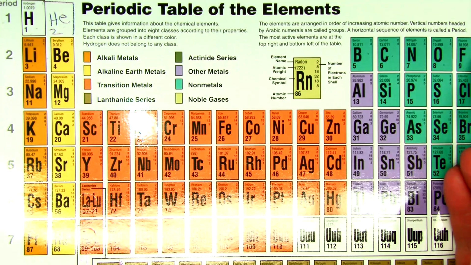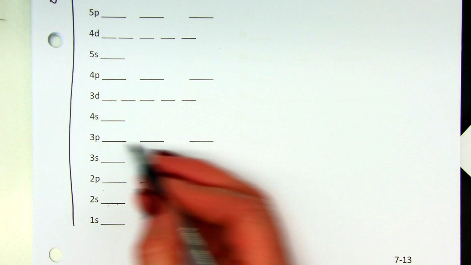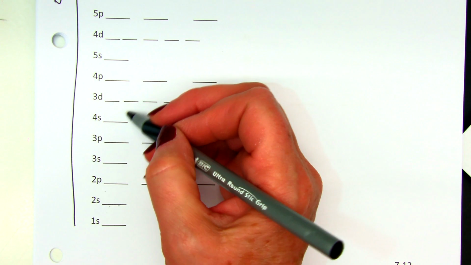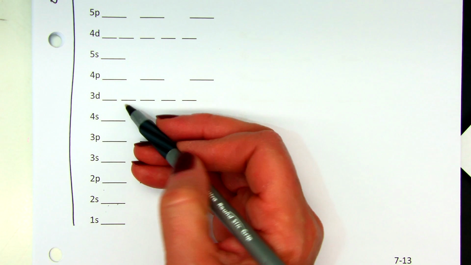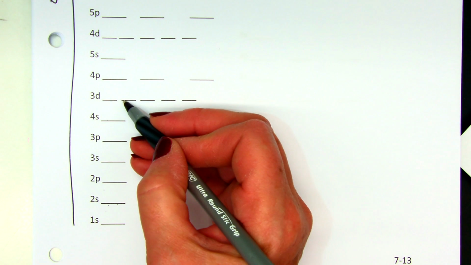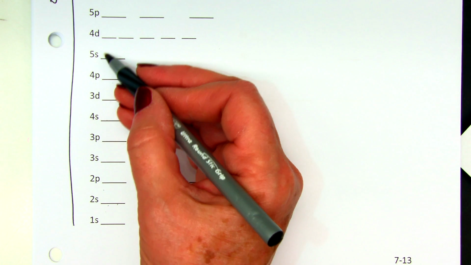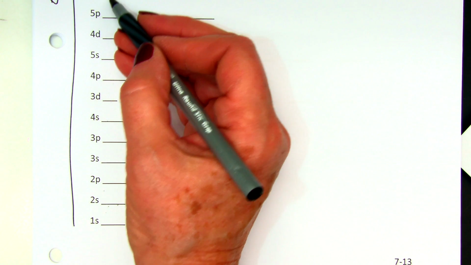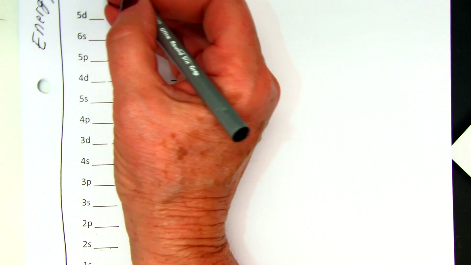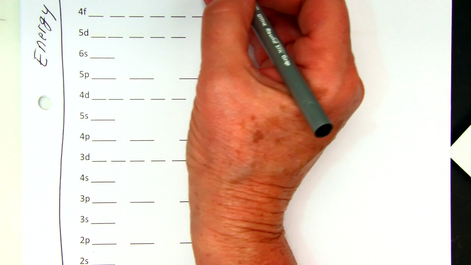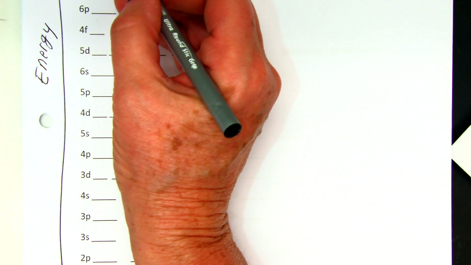Then the 2p. So it kind of makes sense. Then we go 3s, 3p. Now you would expect that we go to the 3d next, but we don't. We go to the 4s, then the 3d, then the 4p, 5s, 4d, 5p, 6s, one in the 5d, fill the 4f, back to the 5d, 6p, 7s, one in the 6d, fill the 5f, back to the 6d, and then up to 7.